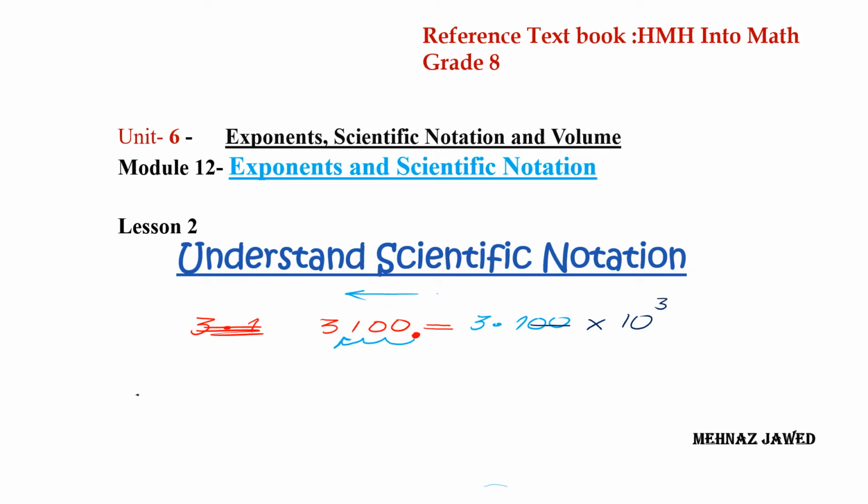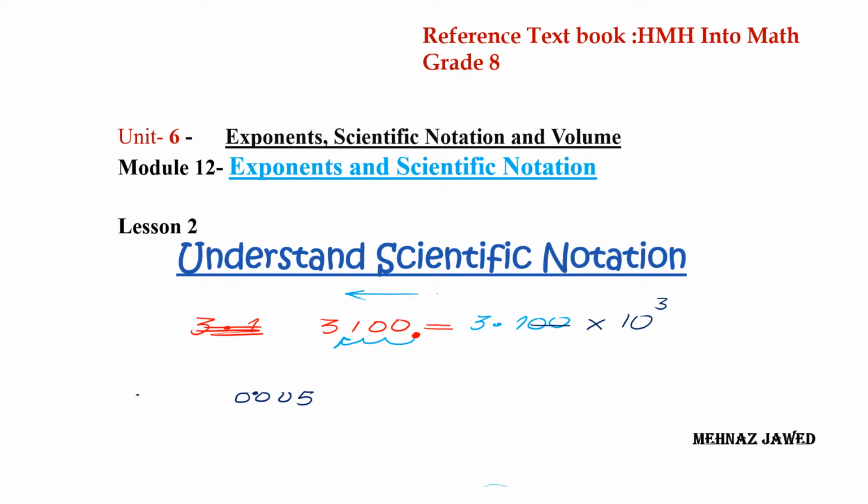But if the question is different, let's suppose we have 0.0005 and 3.